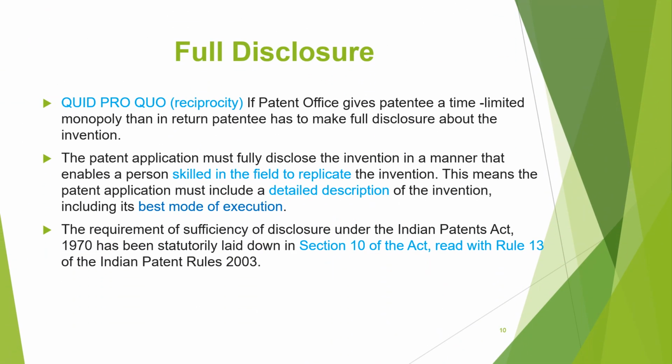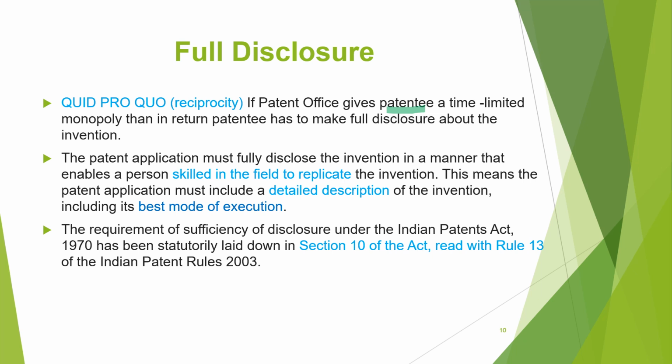There is quid pro quo. There is reciprocity. If the patent office gives the patentee a time-limited monopoly, then in return, the patentee has to make full disclosure about the invention. For 20 years, the patentee is getting protection. He has exclusive rights with regard to that invention.